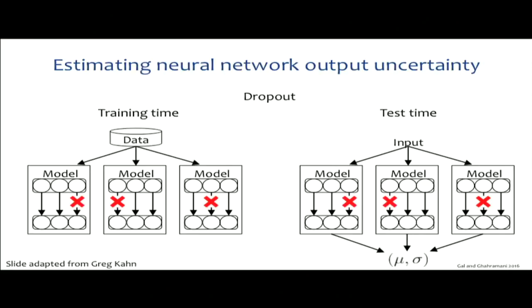And there's a lot of theory from Yarin Gal and Zoubin on how this approximates Bayesian neural networks, where you have some prior on your weights with some mean and variance, and you're trying to estimate the uncertainty of the entire model.